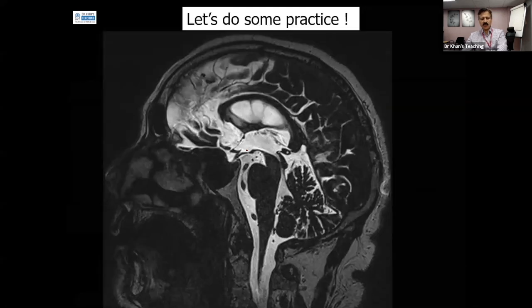So this is a midsagittal sequence, which we do. And the chat is open, but can somebody tell me what is this, where I am pointing out this structure? On the chat, please. Pineal, very good. So what will be this?